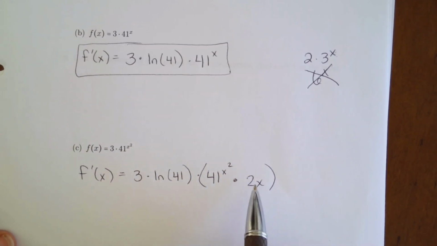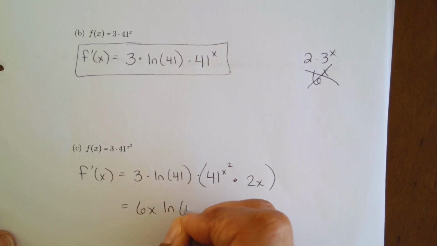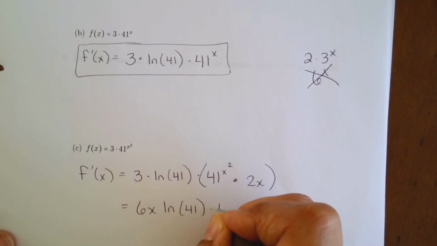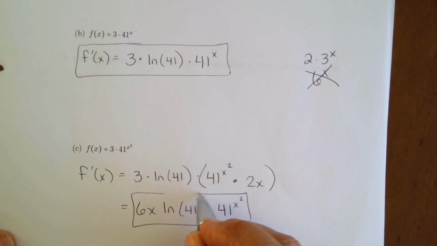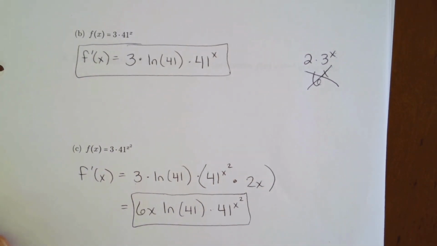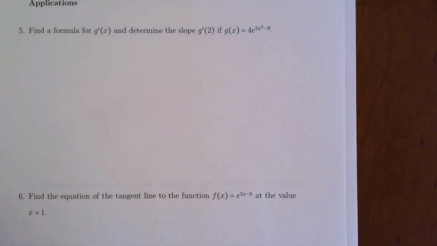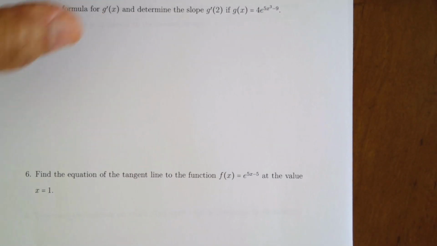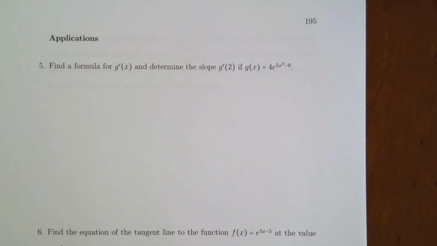Now you could, in this case, do 3 times 2x. Those are just numbers, so that would be okay. Because that is multiplication, that's fine. You can leave it like it's the very first line. That's okay too. I don't want to confuse you too much with all that simplifying, so that's why it's fine to leave it.